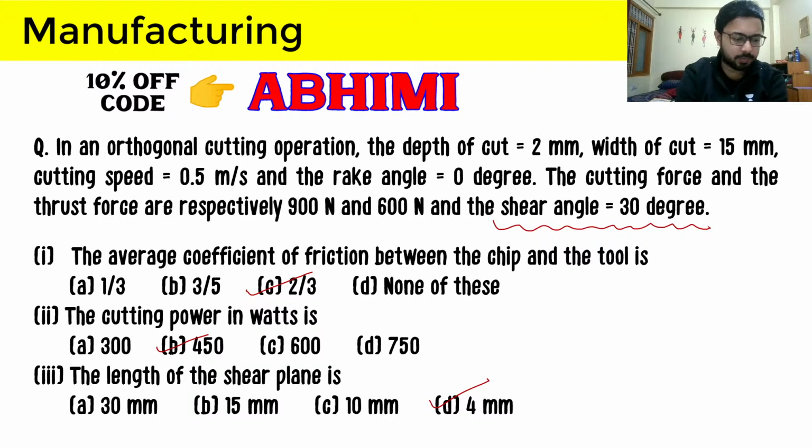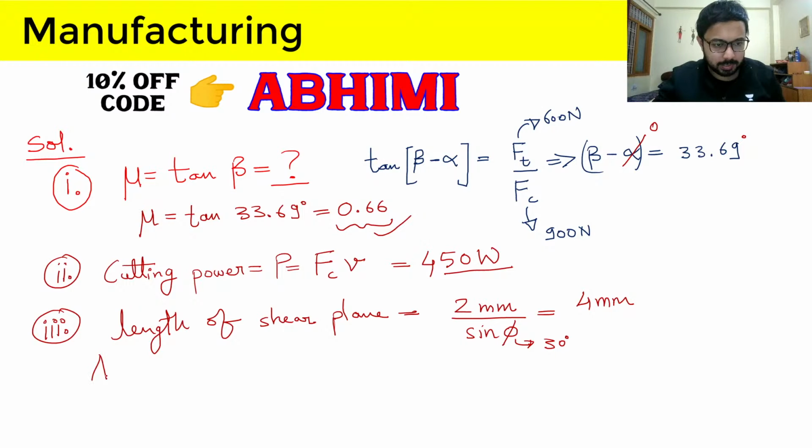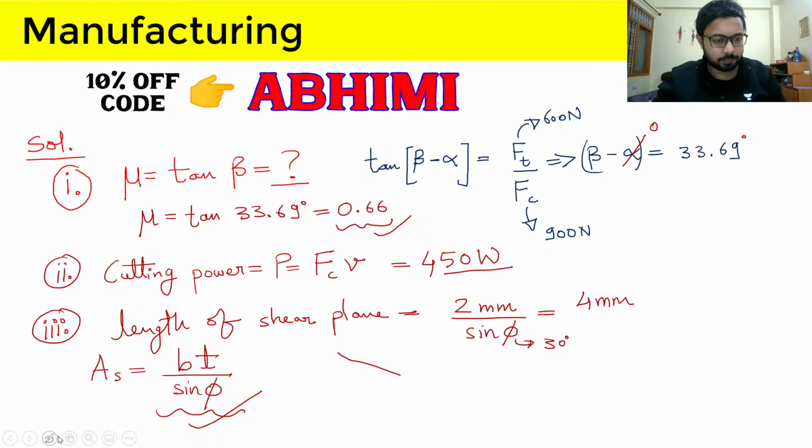See, depth of cut is given as 2 mm, and the length of shear plane is asked. So we have divided that value by sine phi, because as you can remember, the shear plane area is given as this. So we are dividing by sine phi, which you can see in the figure will be something like this.